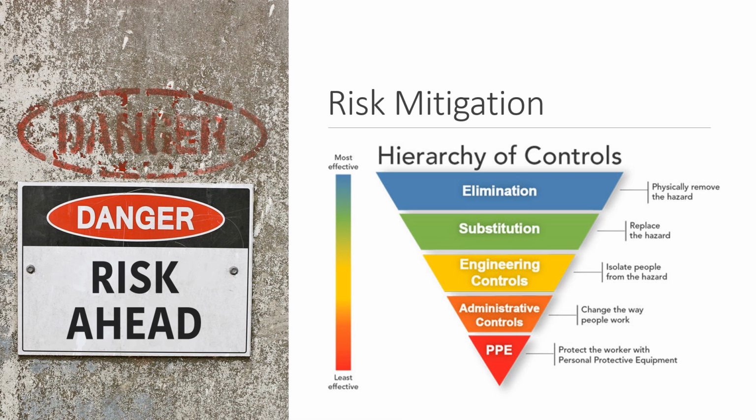Please remember that these risk mitigation strategies must be developed through a proper hierarchy of control. You see, we want to start with the most effective solution before resorting to personal protective equipment. Things like physically removing the hazard, trying to eliminate it completely. If this is not possible, we then see if we can substitute or replace that hazard with a less hazardous or safer method.